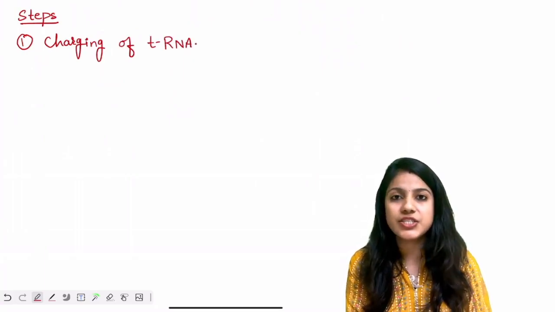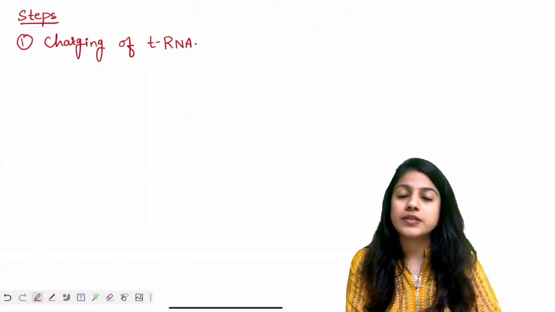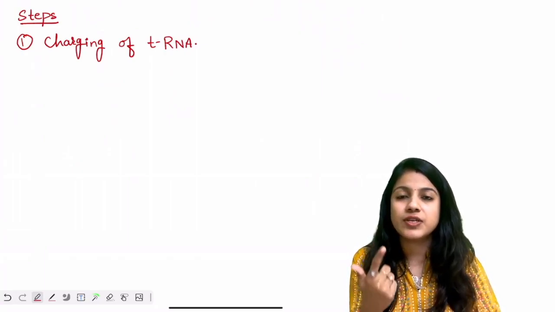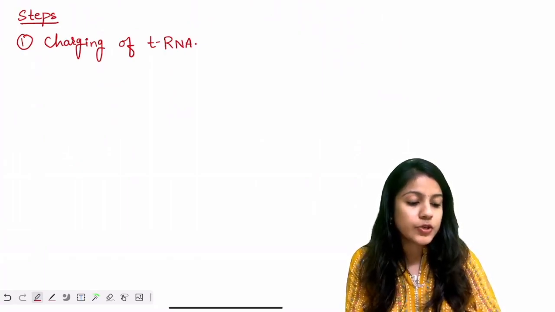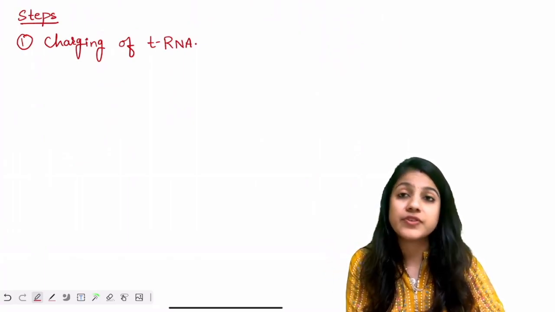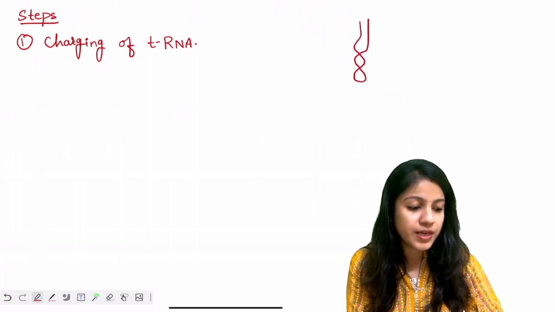Now, what is charging of tRNA? You know that the tRNA, we have studied two structures of tRNA. One is clover leaf model, second one is hairpin loop model. So in translation process, clover leaf model will become little bit difficult to draw each and every time. So we will draw this hairpin model of tRNA, right?